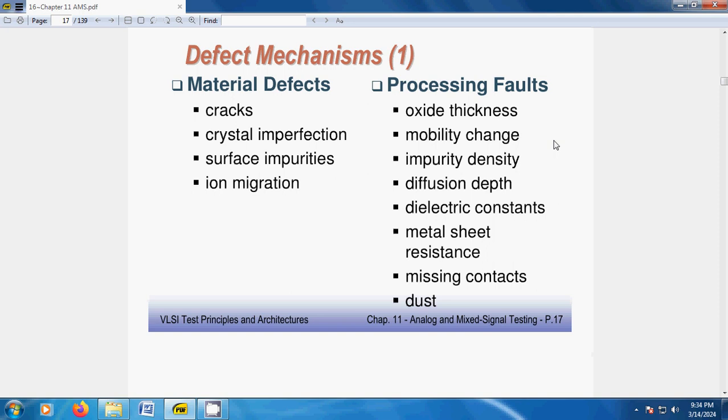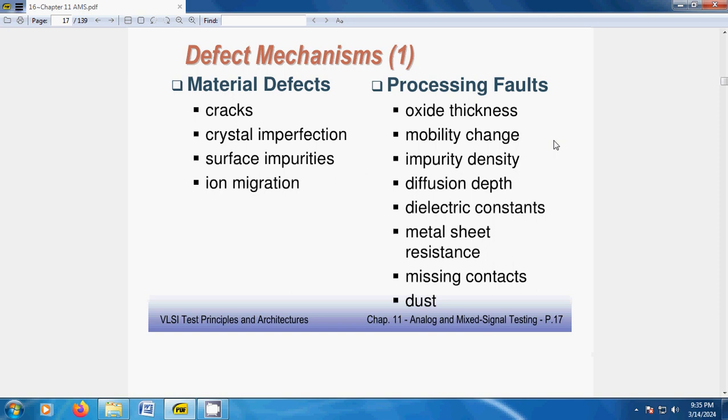This is called a processing fault. For example, the oxide thickness, the SiO2 layer thickness, can be somewhat greater than that of the actual design. Similarly, the mobility change: each of these changes from the actual design on the IC to that of the actual IC being fabricated in the fab.